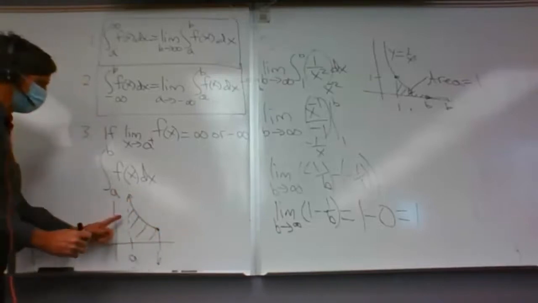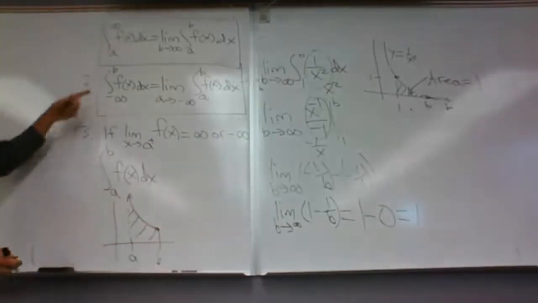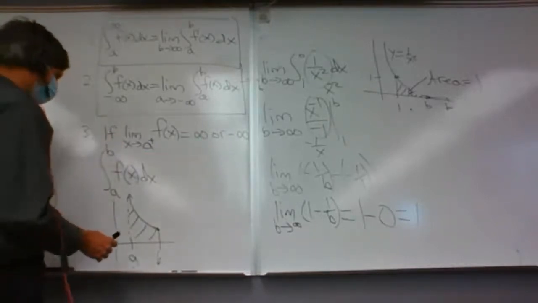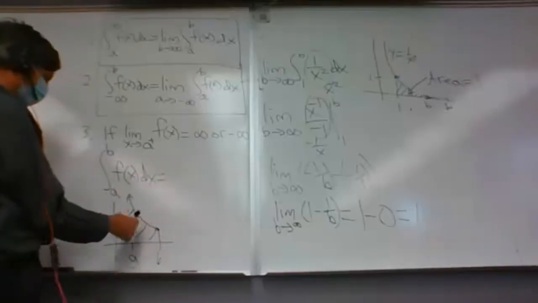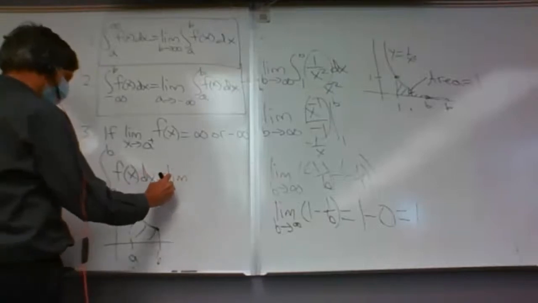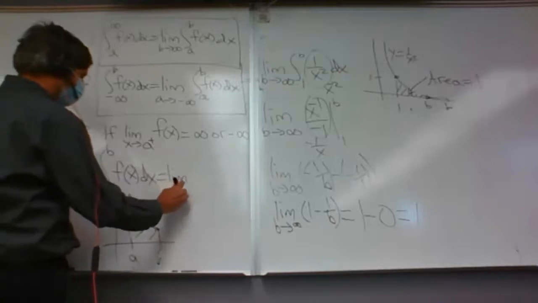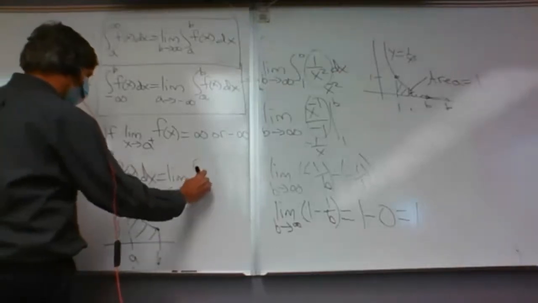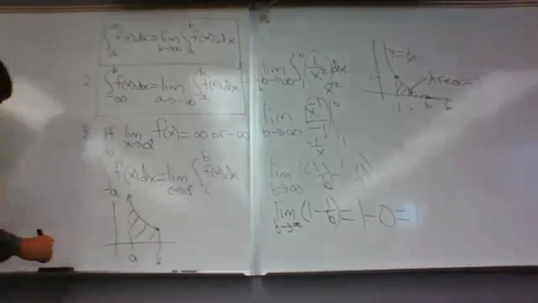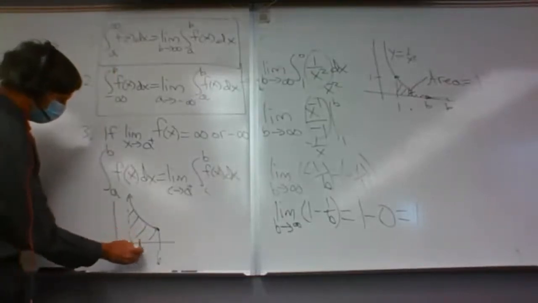What's that area? In this case, we say that the integral will be the limit as c approaches a from the right of the integral from c to b of f of x dx. Fine, I can write any point c here over to b.